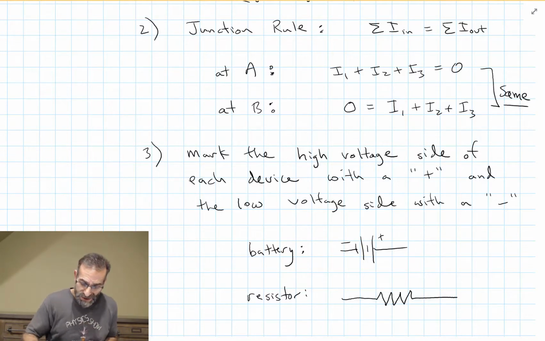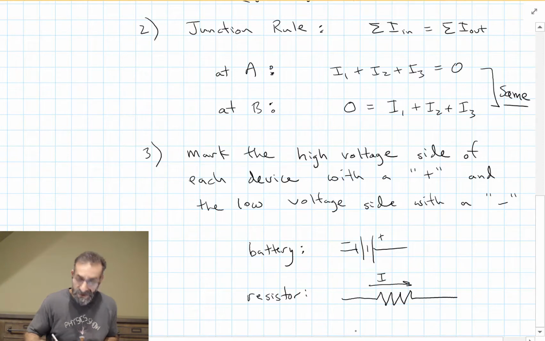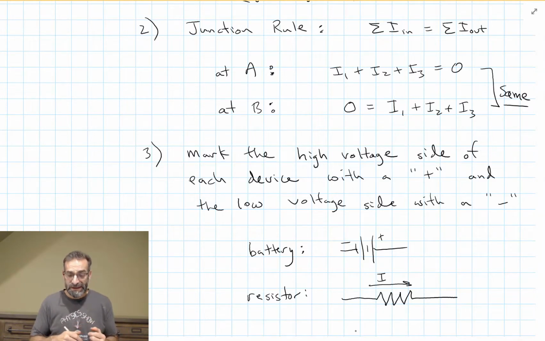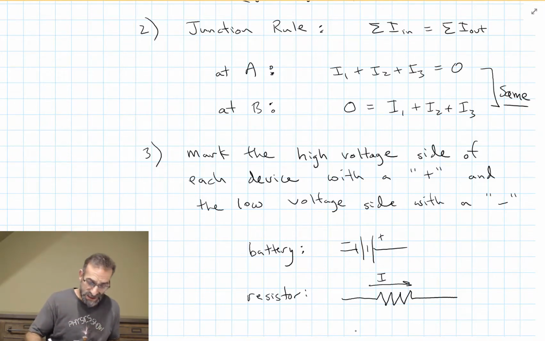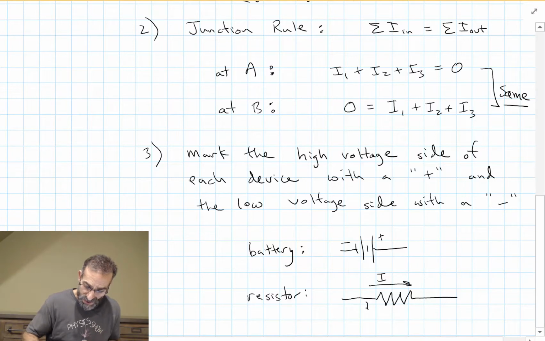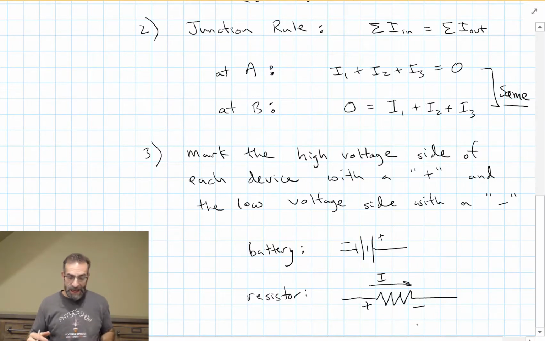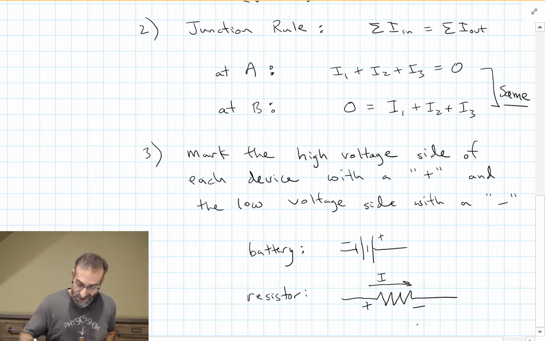So if the current in this resistor is going to the right, if positive charges are moving to the right through my resistor, the electric field must be pointing that way, and the left side must be at higher potential than the right side. So I would put a plus over here and a minus over there, because I know I flows from high to low potential.